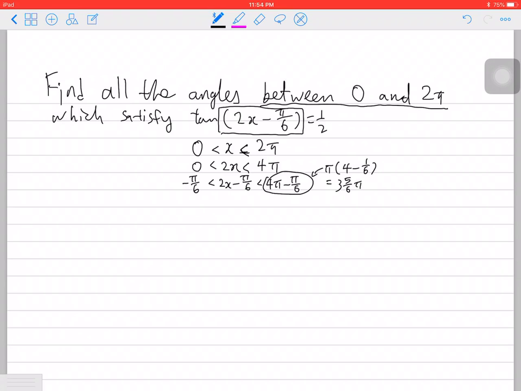And if you use a calculator, multiplying the pi in, which is 3 whole 5 over 6 times the pi, we'll get a decimal value of 12.04277.